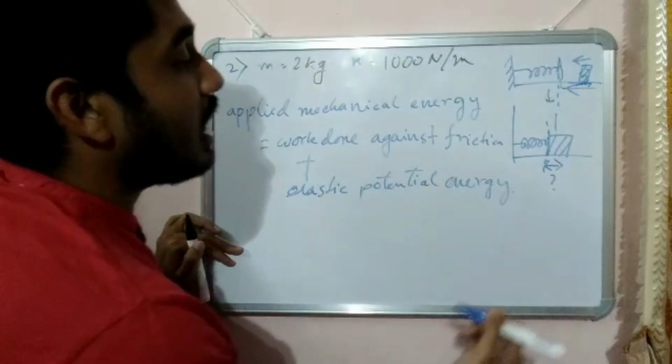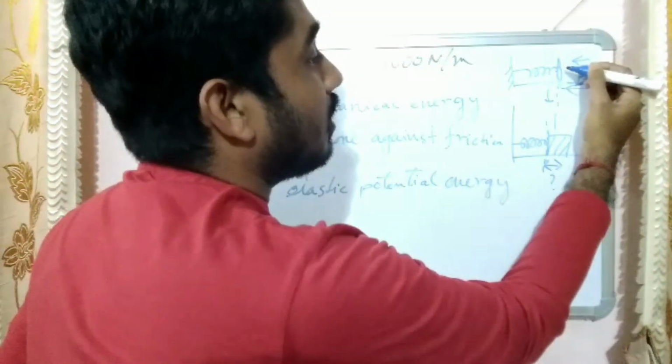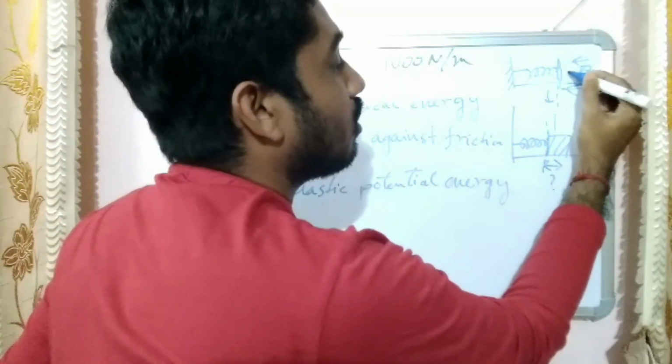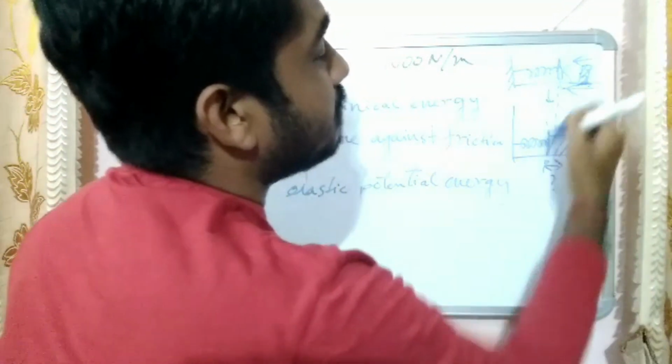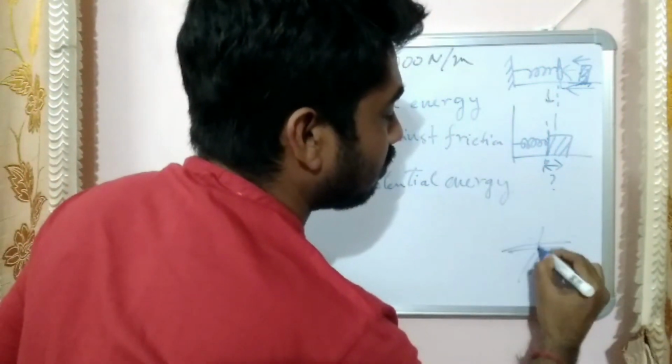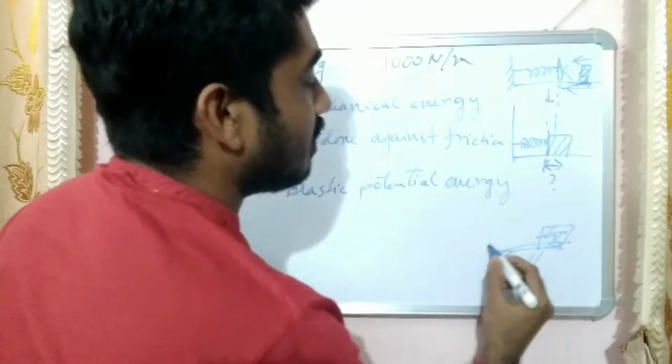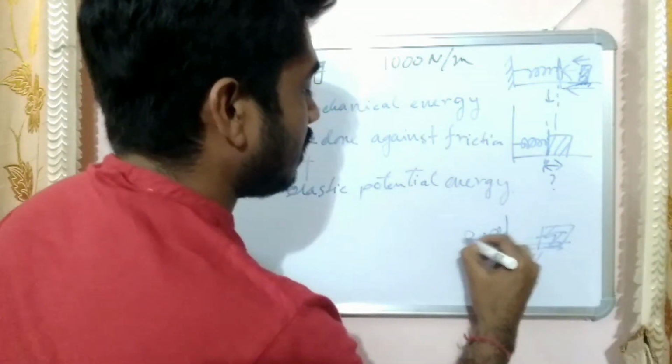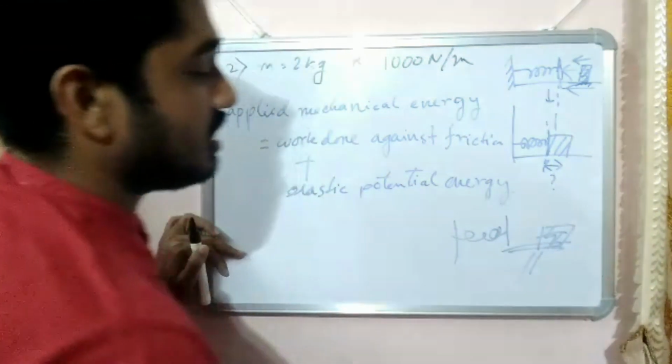So the total energy applied by the block on the spring will be equal to the work against friction with the ground plus the spring's potential energy.